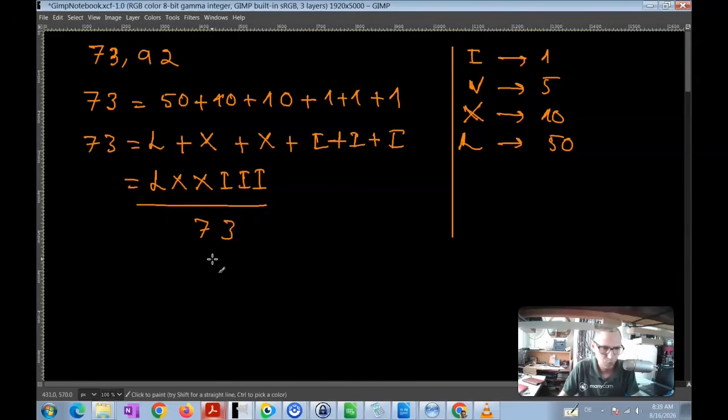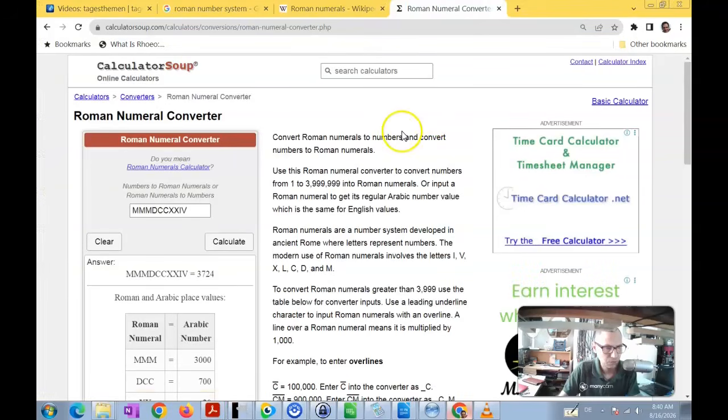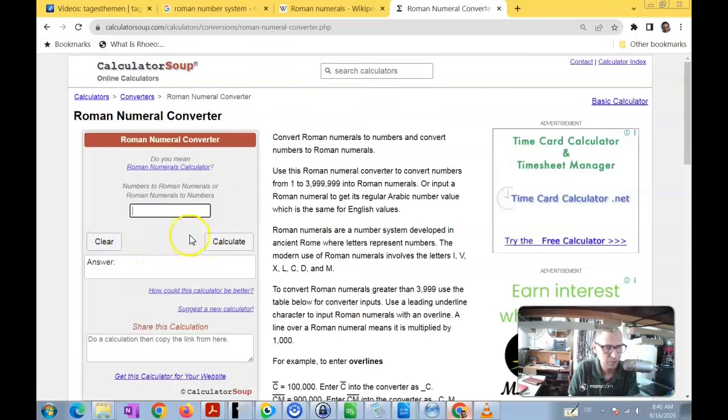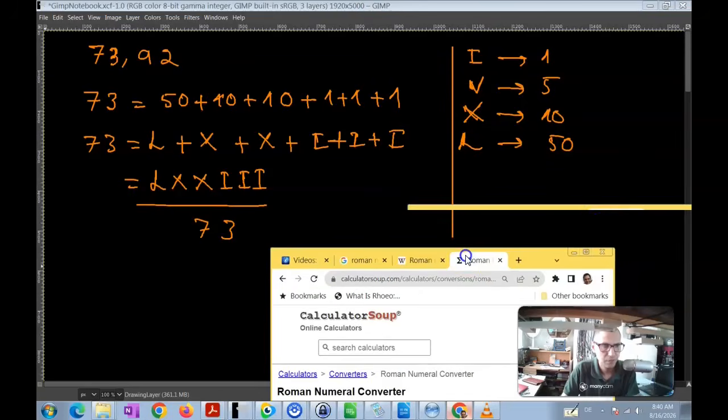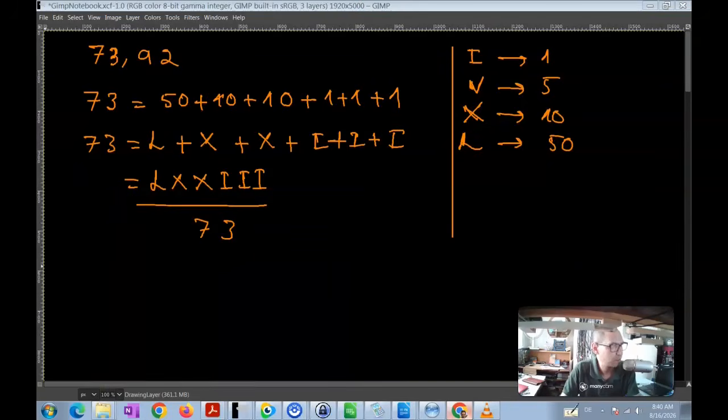Now, in order to make sure that you've written the right number, you can go to this calculator, a website called Calculator Soup. Usually you can find many good calculators on this website. If I clear this and write 73, it gives me LXXIII, which is a 73, and we got LXXIII, right?